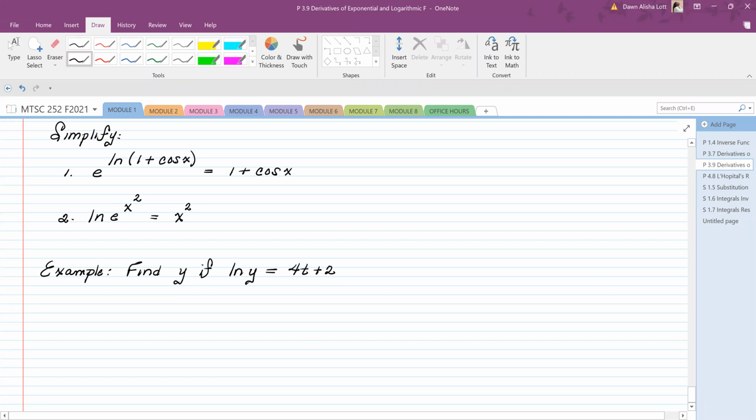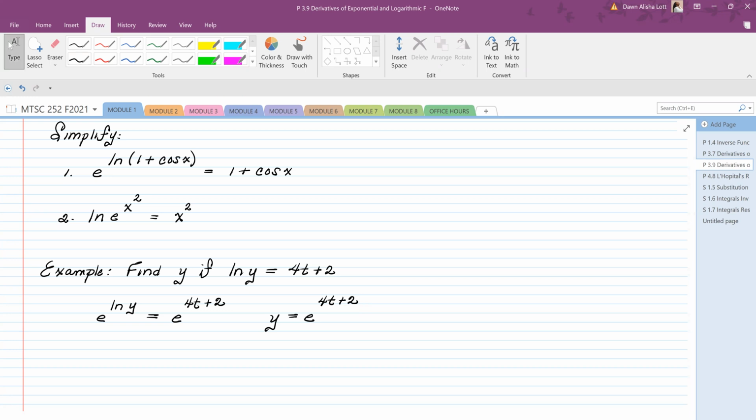Another student of mine said, well, if that's the exponent, then life is easy. I can take e to the natural log of y and get e to the 4t plus 2. And so e to the log of y is y, so y then becomes e raised to the 4t plus 2 power.